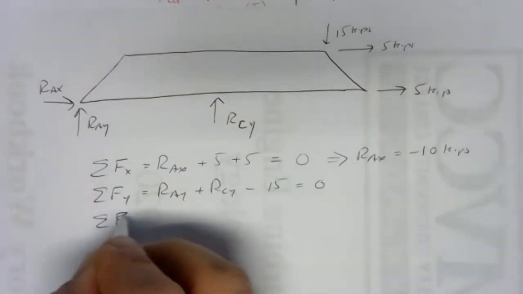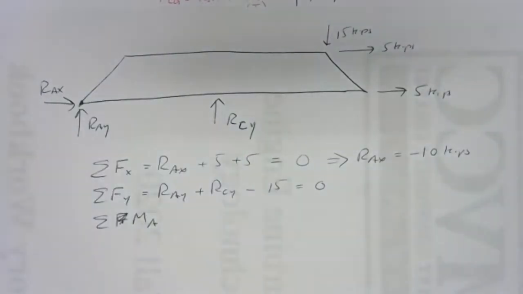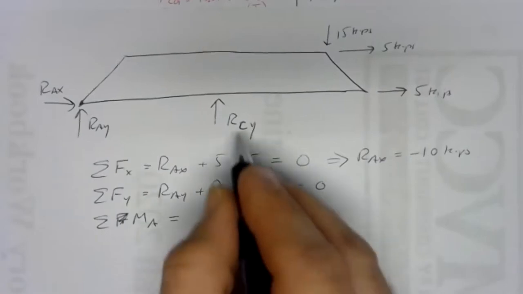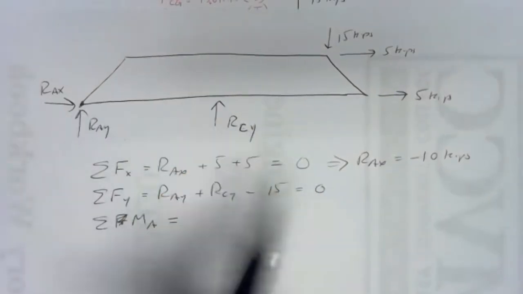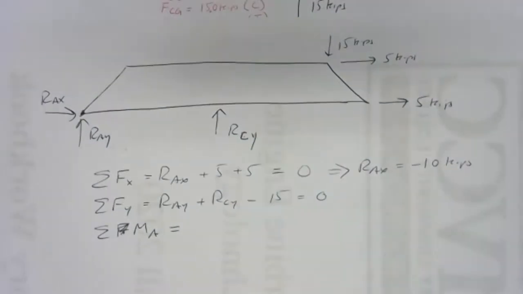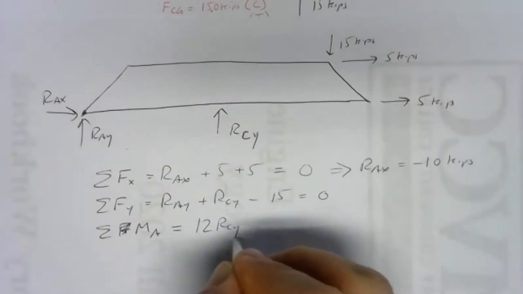The most natural point to pick here would be A. Well, the roller at C is halfway across the truss, and this truss was 24 feet wide, so it's 12 RCY.